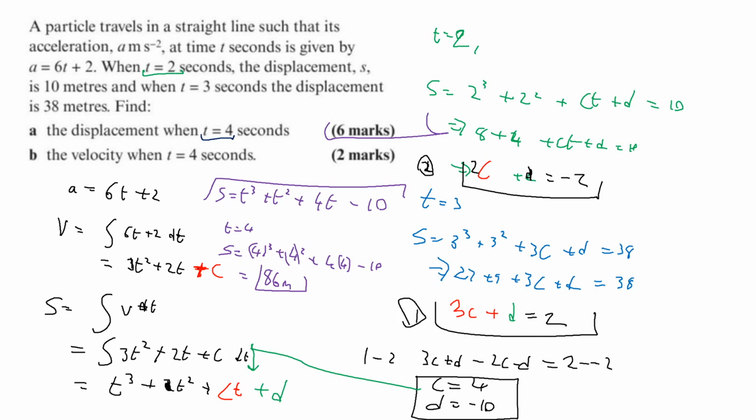How do you work out the velocity? Well, the velocity function is this. So v is equal to 3t squared plus 2t plus 4. Yeah?